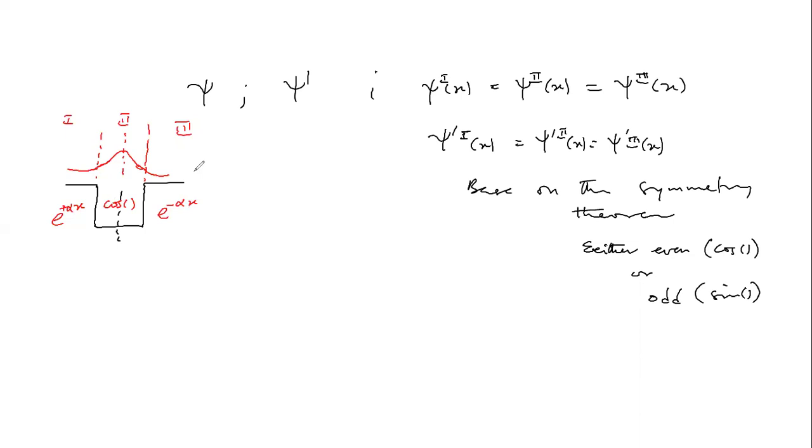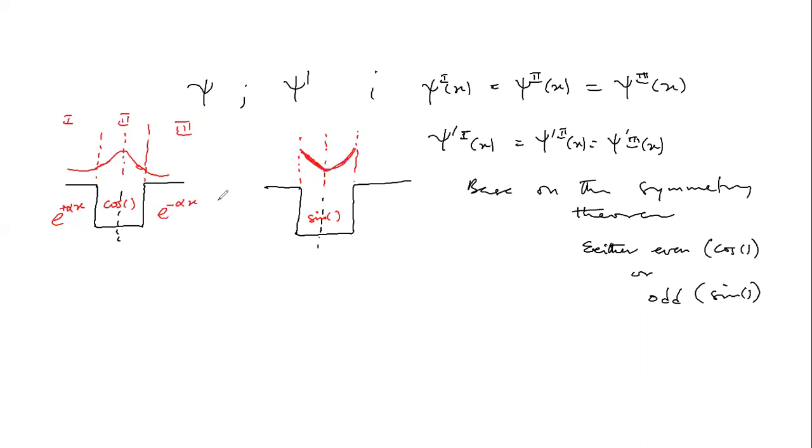Now, what if it is a sine function? Let us assume the solution inside the well is a sine function. So this is the boundary, and inside the well we have a sine function. Our solution is something like this.